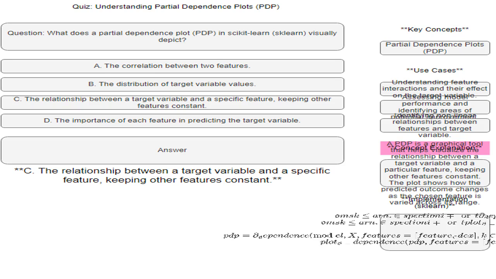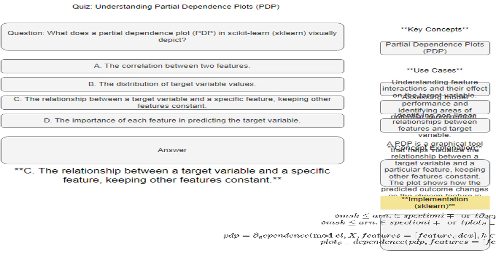Concept explanation. A PDP is a graphical tool that helps visualize the relationship between a target variable and a particular feature, keeping other features constant. The plot shows how the predicted outcome changes as the chosen feature is varied across its range. Implementation. sklearn. The code snippet shows how to create a PDP using the partial dependence and plot partial dependence functions in scikit-learn sklearn.